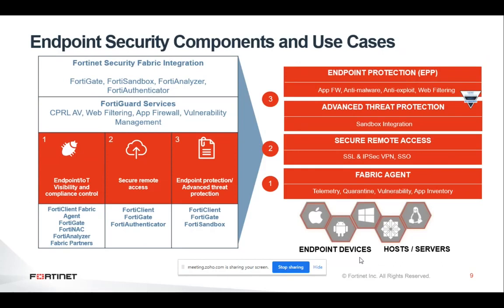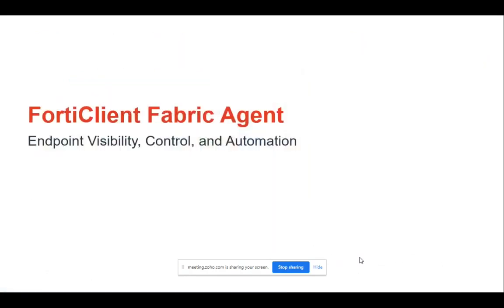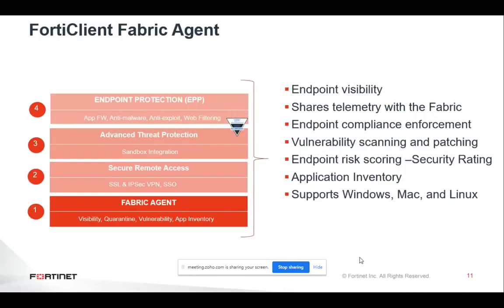So first, let's talk about the FortiClient Fabric Agent. The FortiClient Fabric Agent uses telemetry and compliance data to connect the host endpoint with other Fortinet devices in the Fortinet Security Fabric. That allows FortiClient to report endpoint vulnerability and to be managed by FortiGate or FortiClient EMS for policy enforcement.